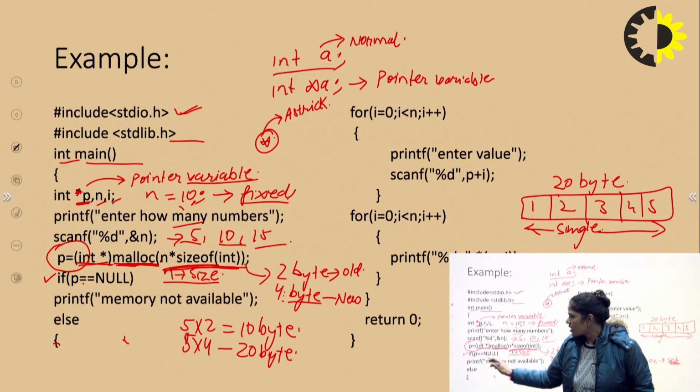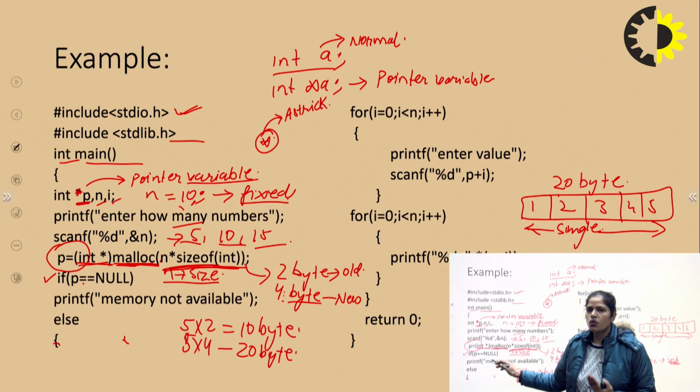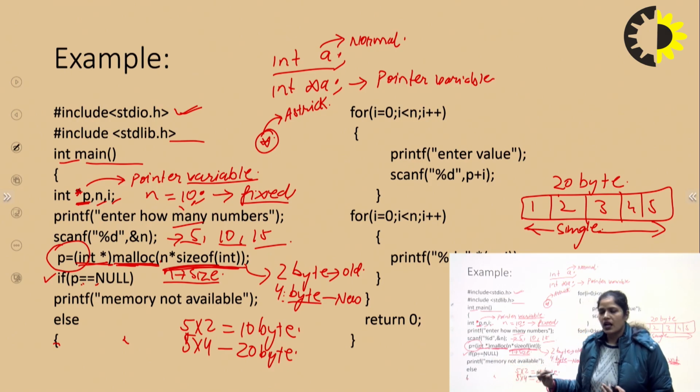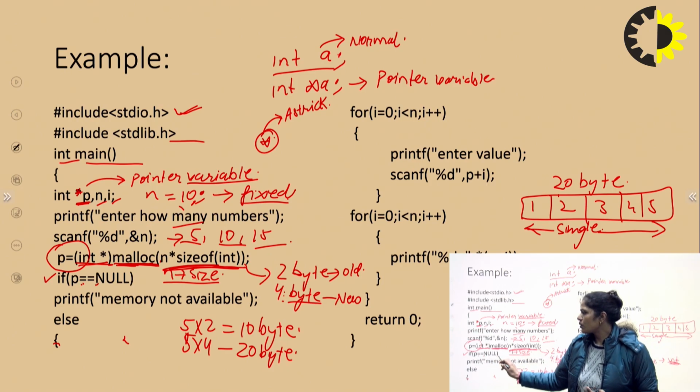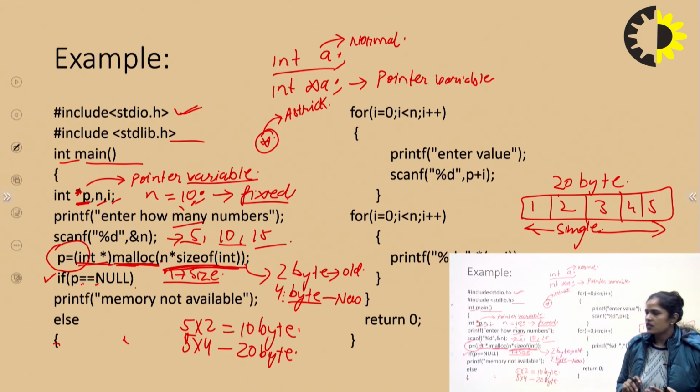Whenever we are storing a new element into that space, we check if the pointer is equal to NULL. If the pointer is equal to NULL, that means there is no available space in the allocated memory.